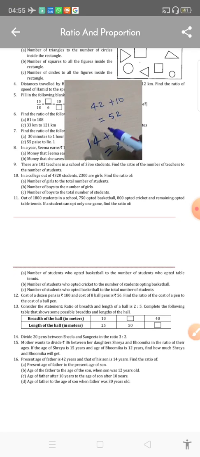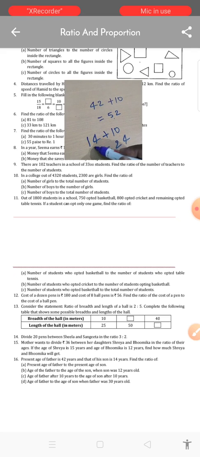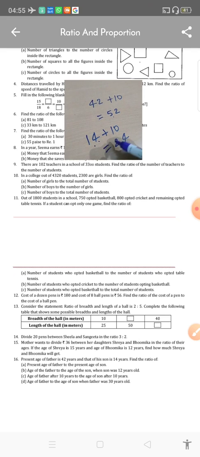This is the age of father after 10 years. And now the age of son: the present age of son is 14 years plus 10 years, after 10 years this becomes 24. Clear? The age of son after 10 years is 14 plus 10, 24 years.